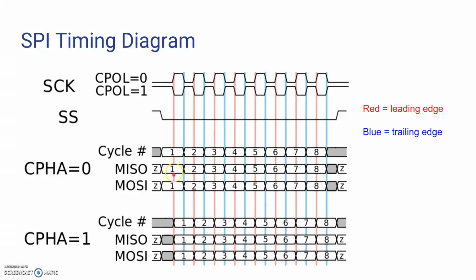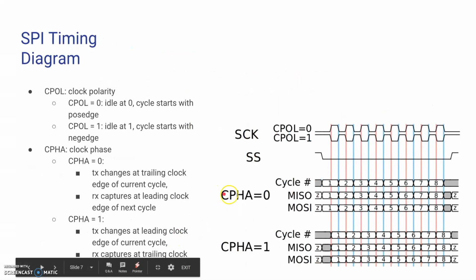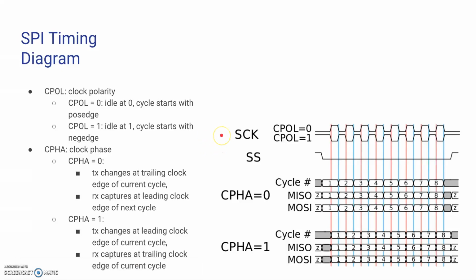For clock phase of 1, instead, we transmit when the clock starts. So that distinction is important to know. And I put the two diagrams together just so that you can refer to it later on with the diagram and the annotations.